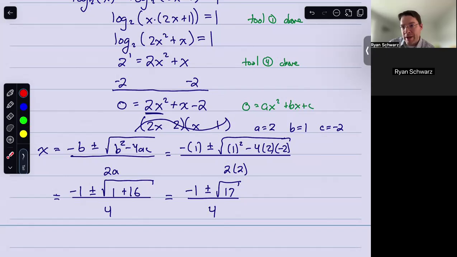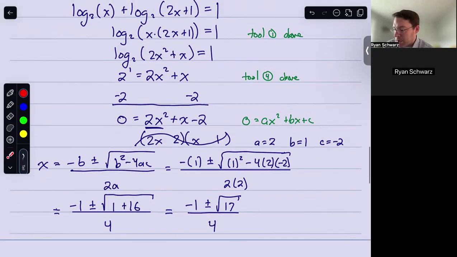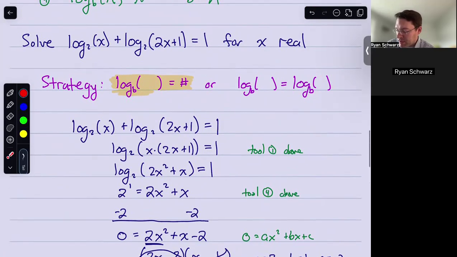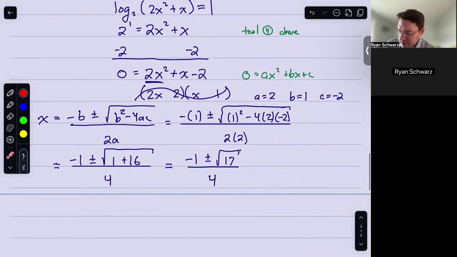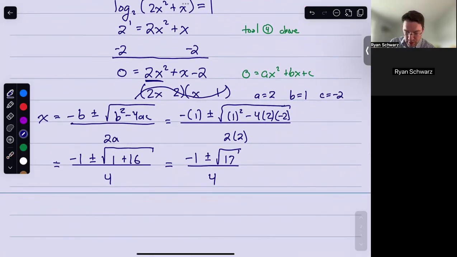Now, I don't know if they're actual solutions because I need to somehow check to see if they work, right? The logarithm is not necessarily defined everywhere, so I have to make sure that when I plug something in as a solution, it actually does make sense. Okay, so let's get an approximation for what these values are, and then we can check this out.